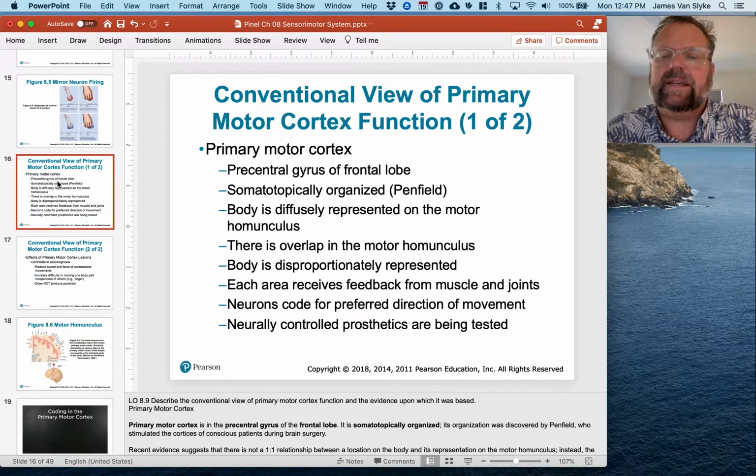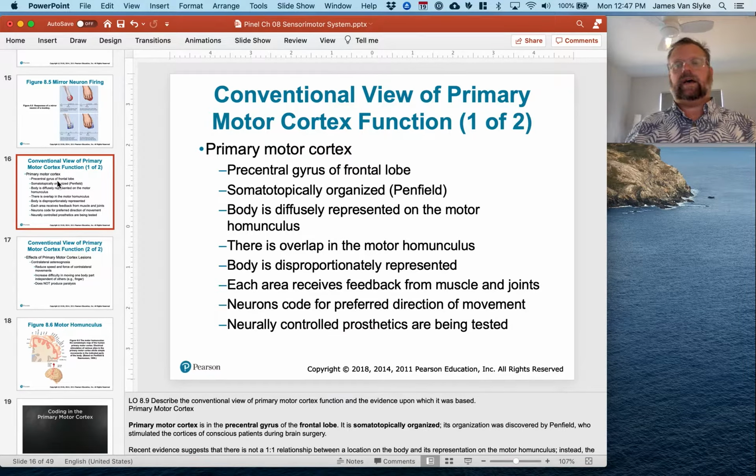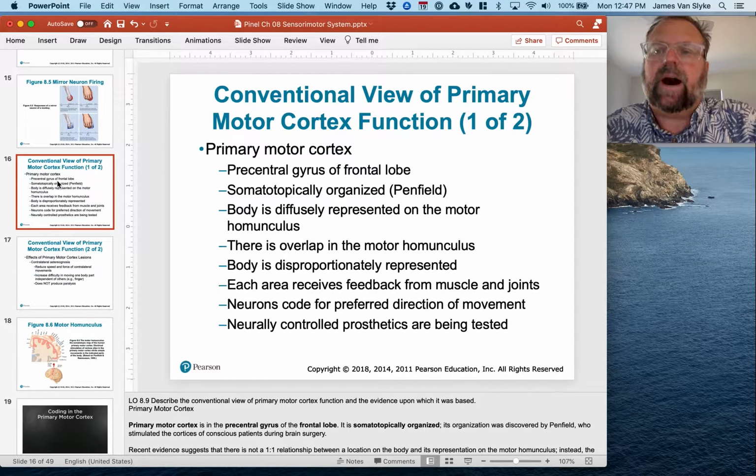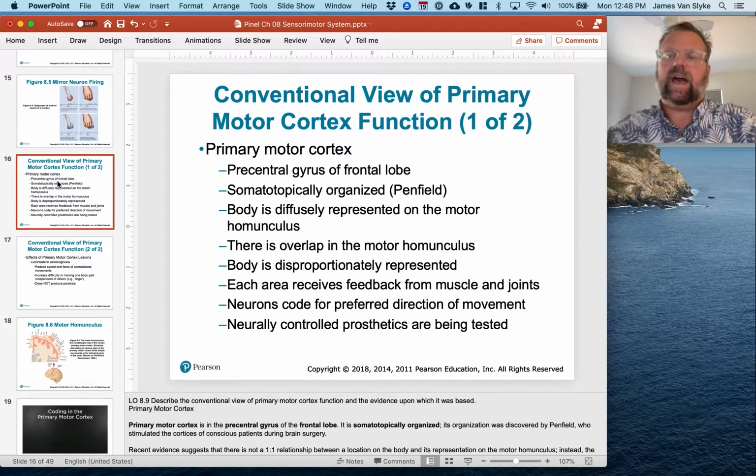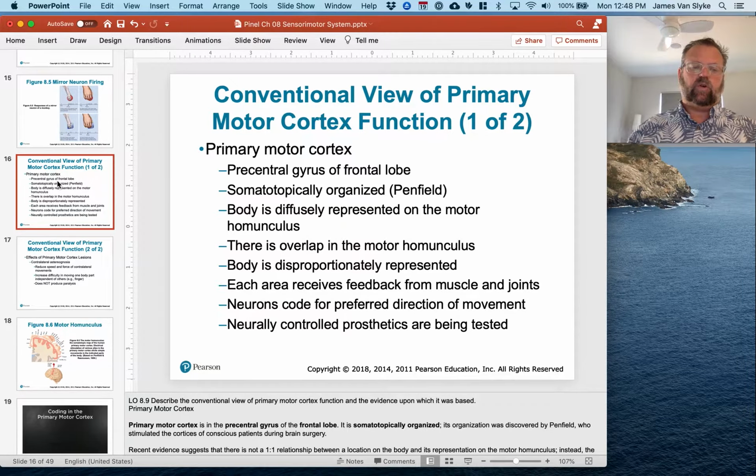So the body is diffusely represented on what's known as the motor homunculus. And what that means is it's in some ways a strange representation of a body, because based on how much motor memory or how many cognitive resources you need to do different types of tasks, it will have a larger representation within that particular motor cortex.